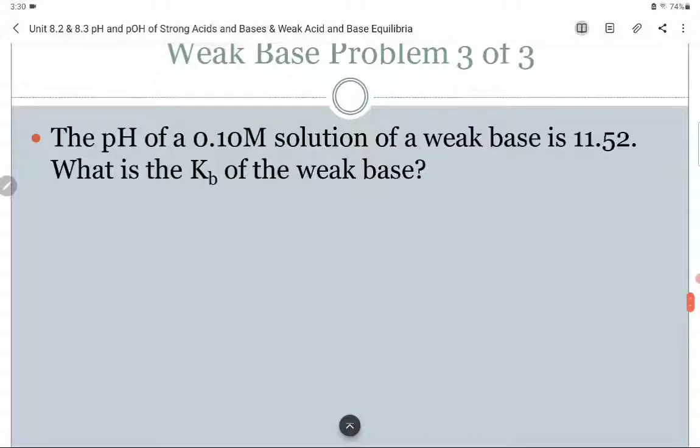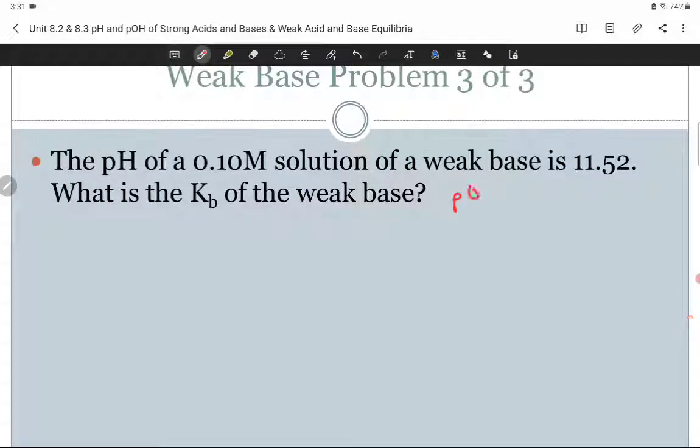pH. Same exact kind of setup this time, except now we're solving for the Kb. So we have a pH. Can we go to pOH first? 14 minus pH will give you pOH.